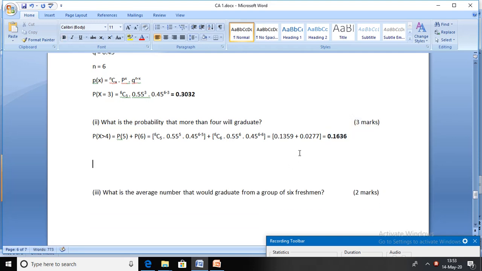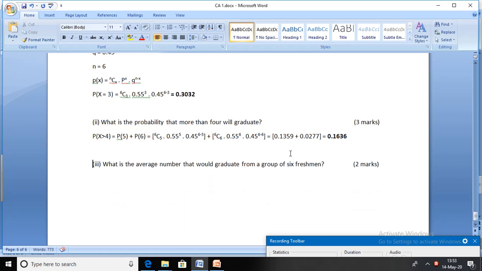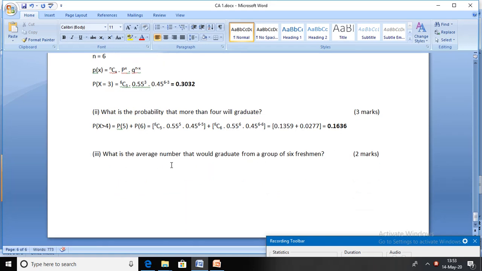Let me do the last question for this particular session. What is the average number that would graduate from a group of 6 freshmen? The average number is the mean. And we also said mean is the same as the expected value. So what's the expected number to graduate?